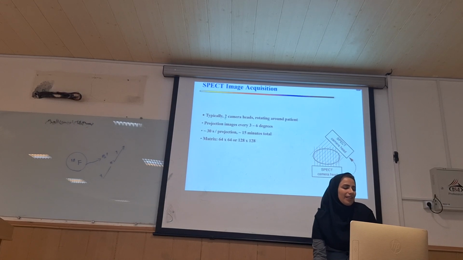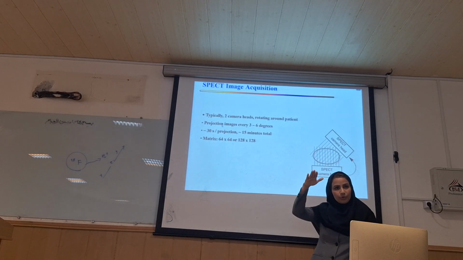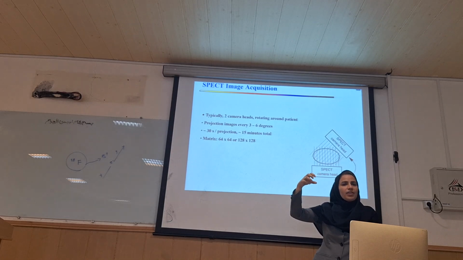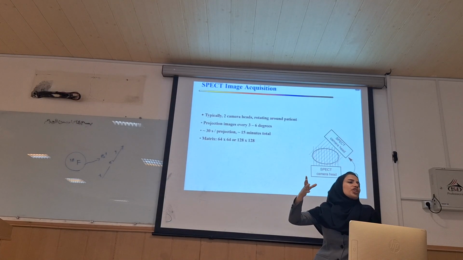Okay, this is the last step. Typically, we use two gamma camera heads. We call it two, and they rotate around the patient, and each rotation takes one projection. This is the name of the image in each rotation: the projection.